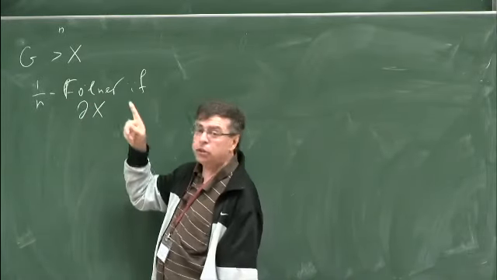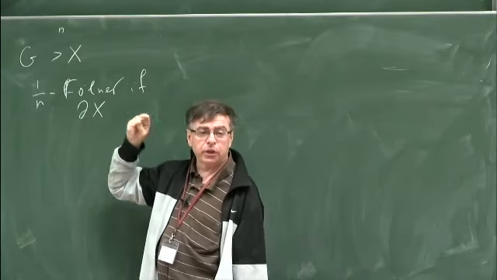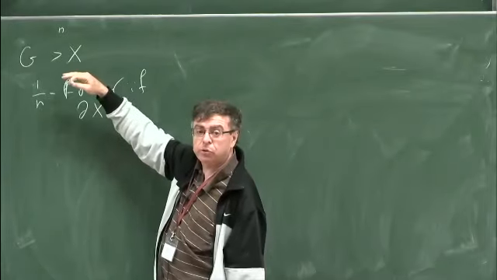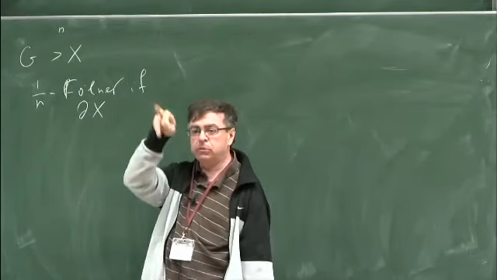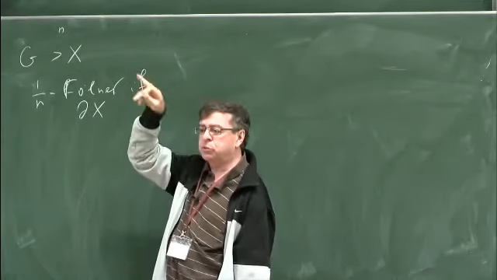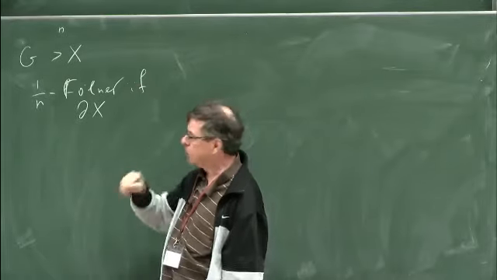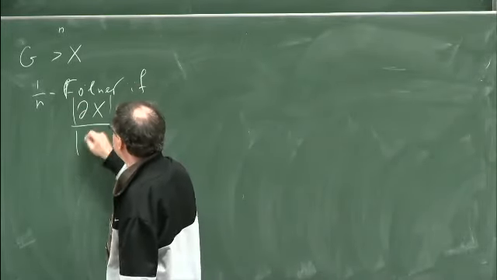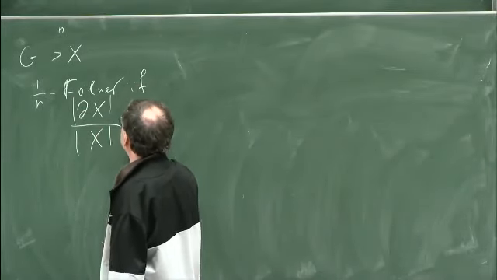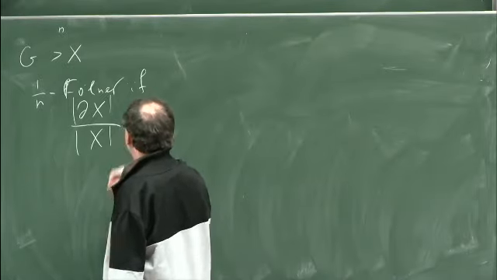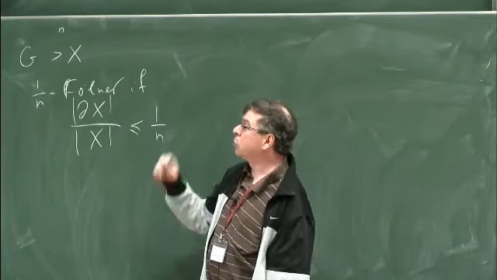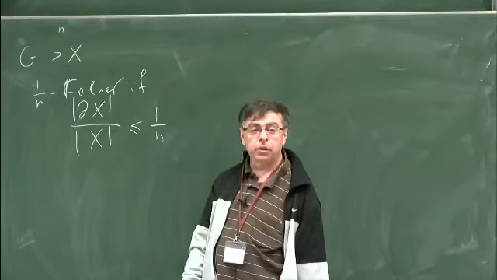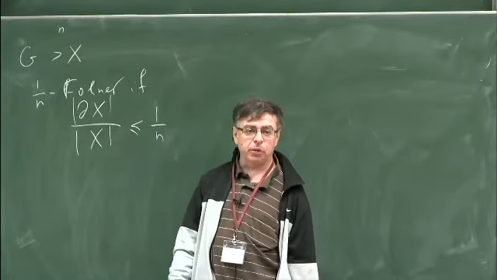So there's a Cayley graph of G. G is finitely generated, and X is a subset of the Cayley graph. You view it as a set of vertices. The boundary is all the vertices which are connected to the set but outside the set. If you take the boundary, divide by the number of elements of X, and this is smaller than 1 over n, that's 1 over n Følner. And the group is called amenable if for every n there is a Følner subset.